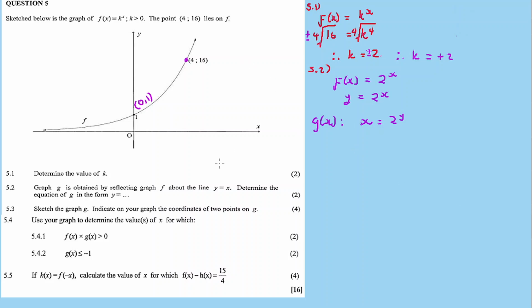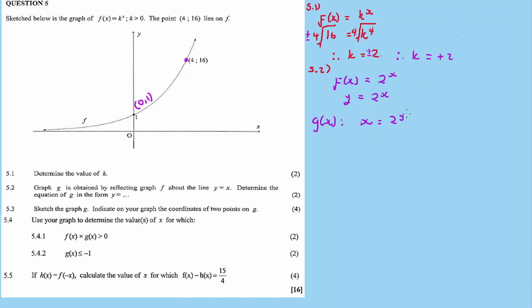So since the reflection of f about this line is the inverse graph, I just swap: where there's y I put x, and where there's x I put y.